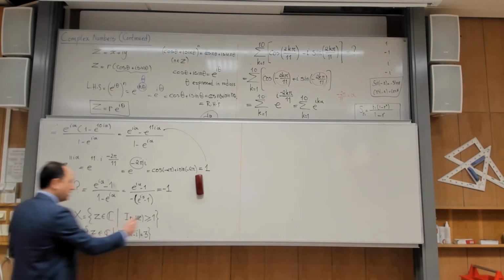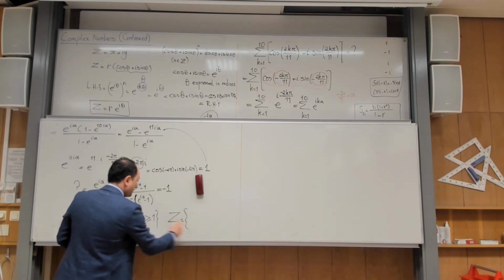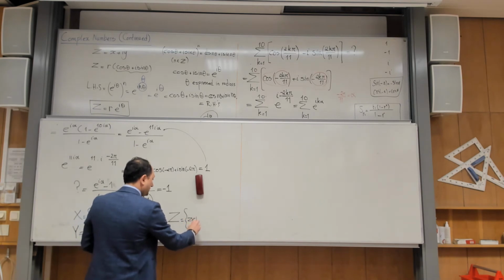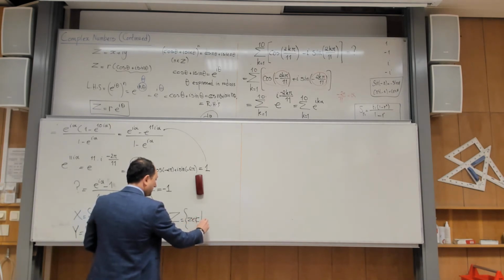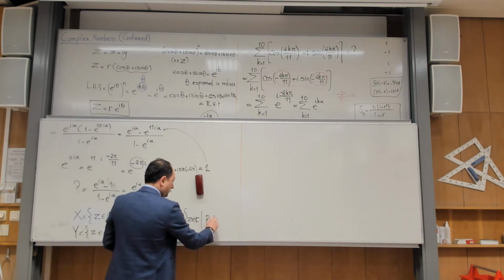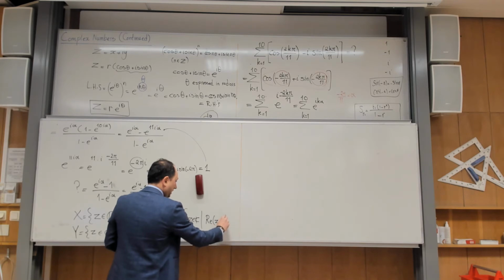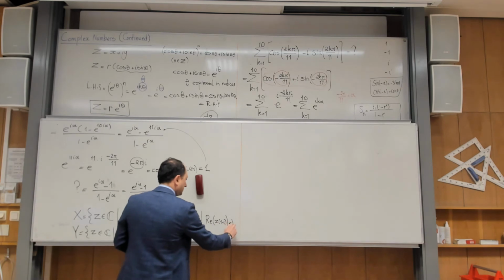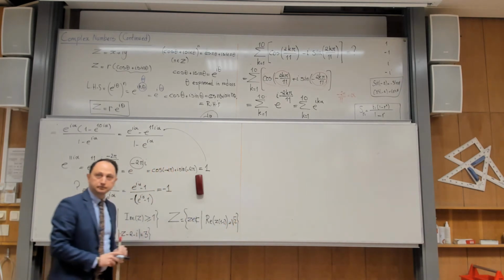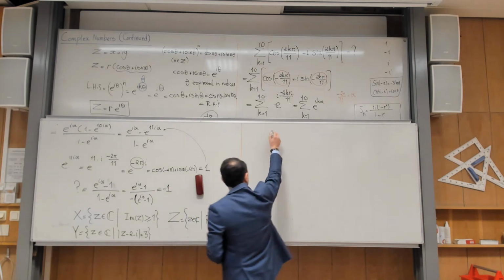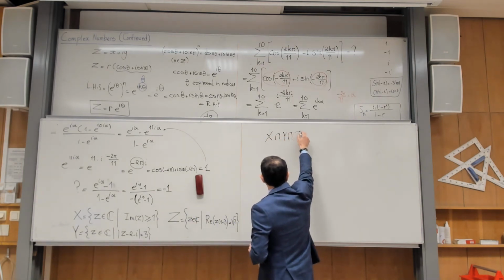And finally, another set, capital Z, is the set of complex numbers with the property that the real part of z times 1 minus i is square root of 2. Yes? x, y, and z.